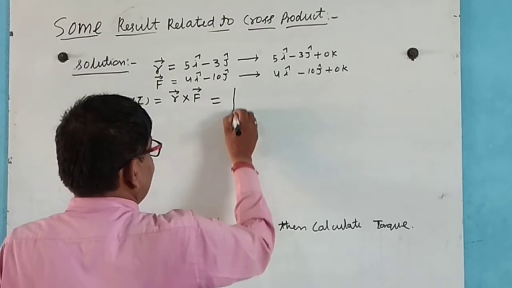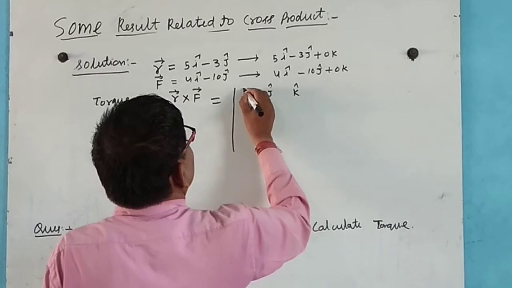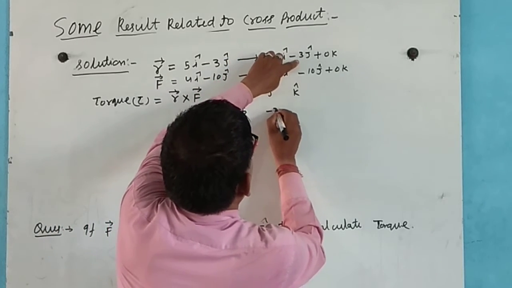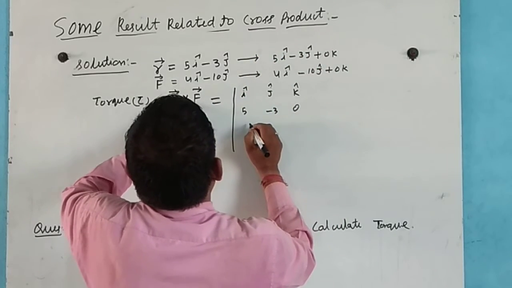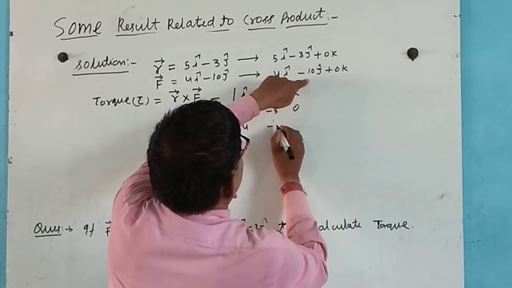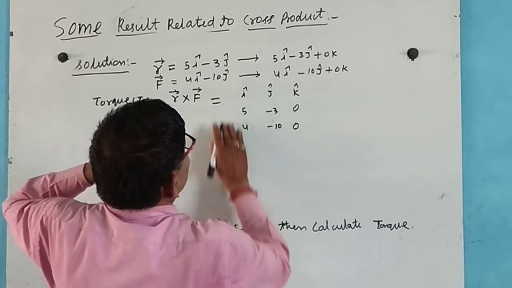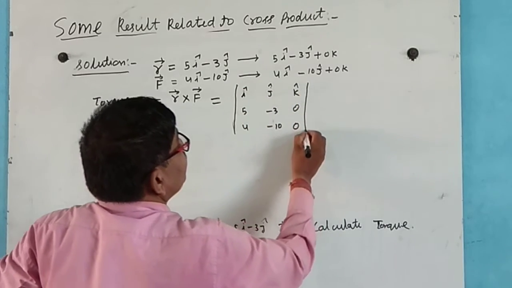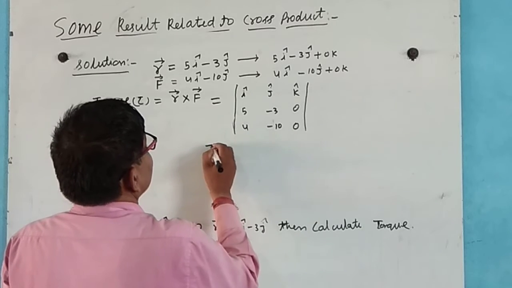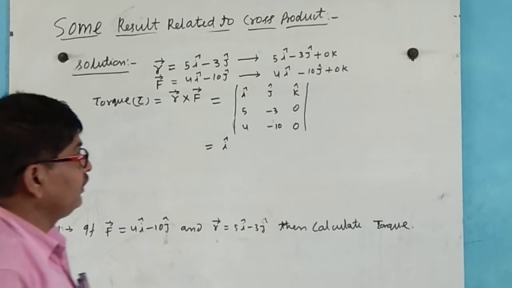Now this is equal to the determinant with rows i, j, k, then r: 5, minus 3, and 0, and f: 4, minus 10, and 0. Now expanding this, here this is i.